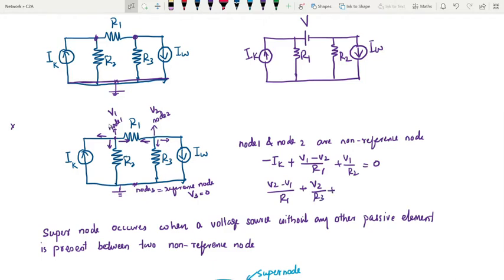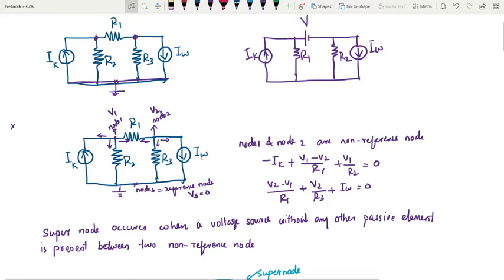Since it is leaving, its sign is plus IW, which is equal to 0. So we got two equations for the two non-reference nodes. We can separate the coefficients of V1 and V2, move the constants to the other side, and solve those two simultaneous equations by a suitable method. That was the method which we followed in the case of conventional nodal analysis.